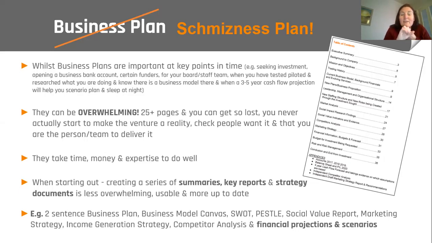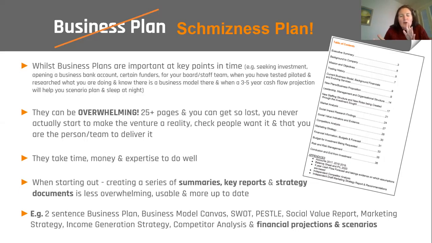So if you are seeking investment of 20 to 50 or 100k plus, you're going to need a thorough business plan. Some banks want you to have a business plan of sorts to open a business bank account. Thankfully, NatWest don't, so we've gone with NatWest. Yeah, certain funders might want to see a business plan. More often than not, they don't.